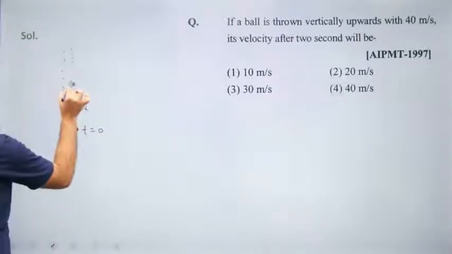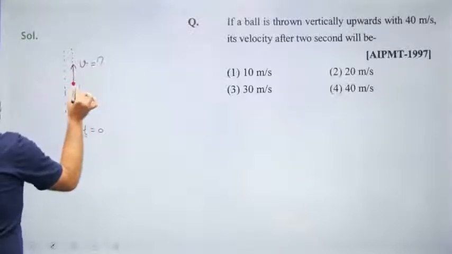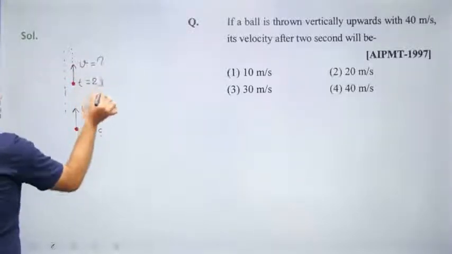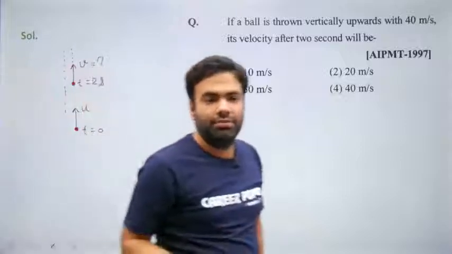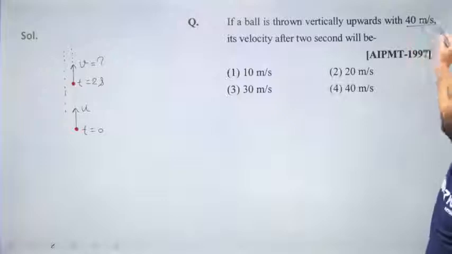This was thrown at t equals 0. At t equals 2 seconds, we have to find its velocity. Initial velocity at t equals 0 is given as 40 meter per second.